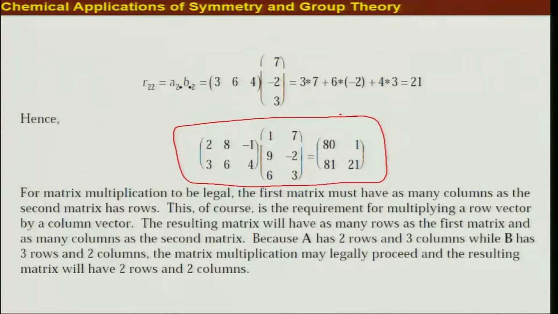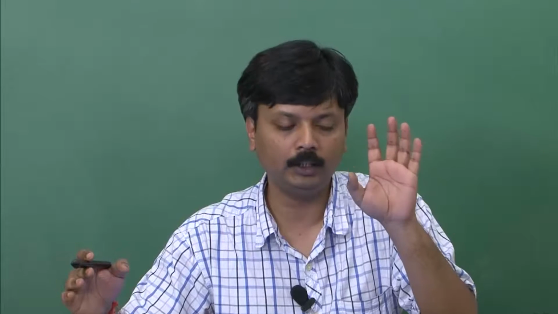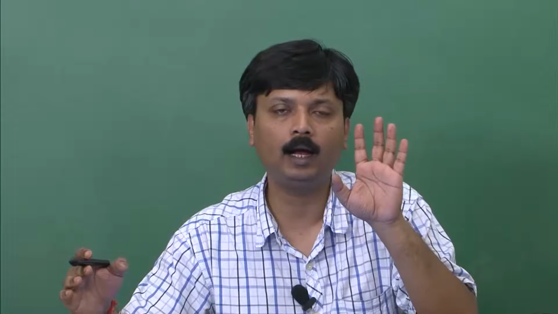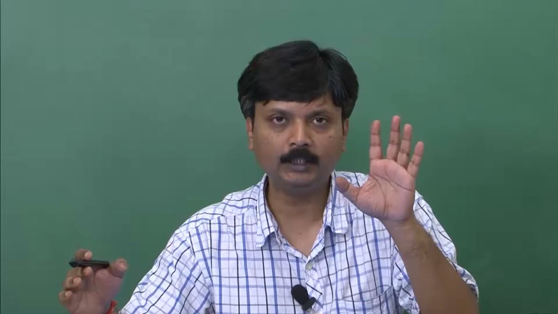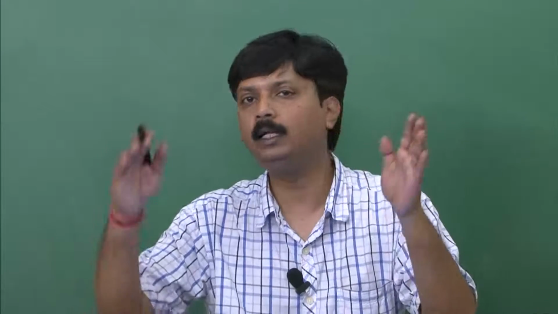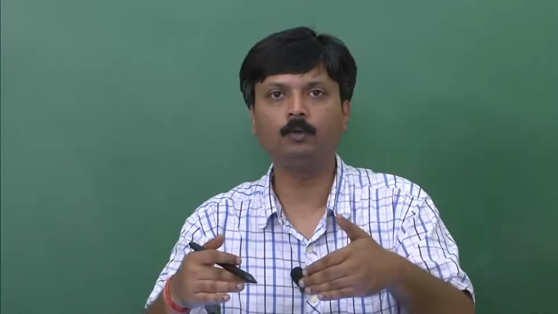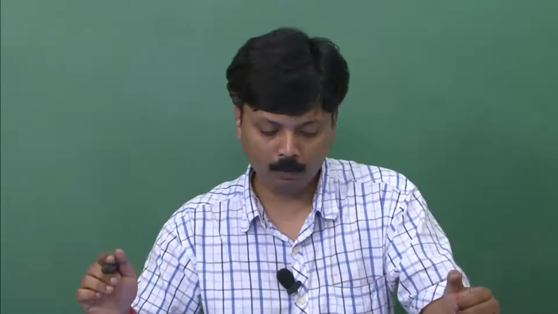So, for matrix multiplication to be legal, the first matrix must have as many columns as the second matrix has rows. That you have probably understood by now when we gave the example of the condition of row vector and column vector. If you just extend that to any given form of matrix, then you come to this particular rule which we are talking about right now.